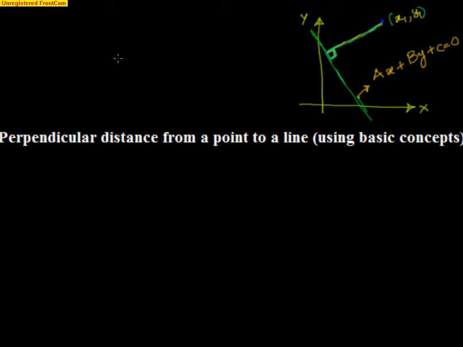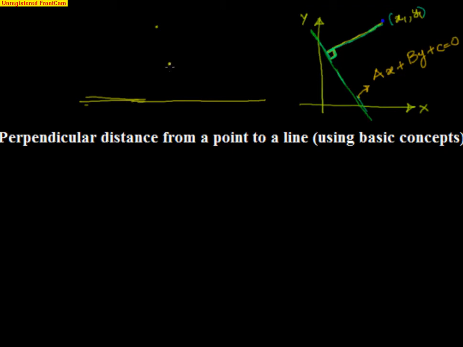Now let's take a couple of minutes and discuss why the distance from a point to a line is always perpendicular. Why do we always take perpendicular distance? See here, suppose this is the point which is near. Now you want to find the distance from this point to a line.